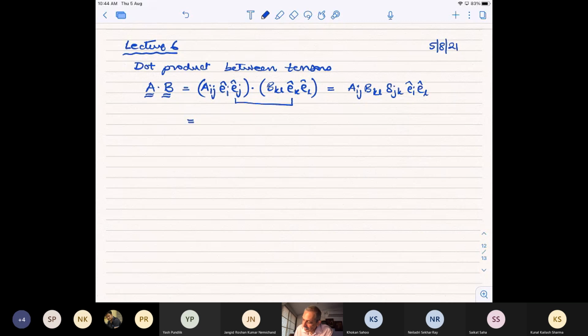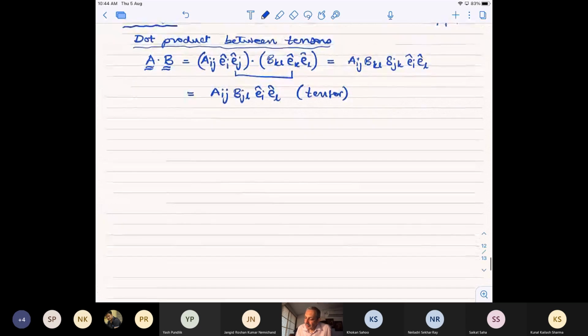That's the only non-zero term that will remain. So here you have Aij Bjl Ei El. So you see we get a tensor when we take a dot product between two tensors.